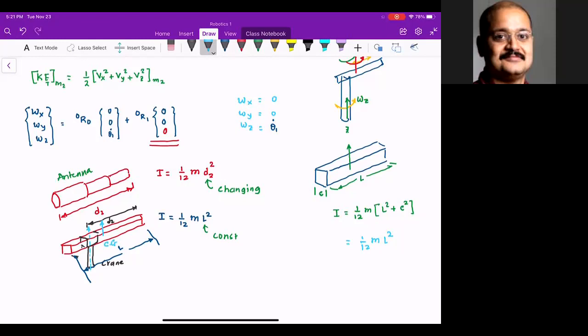Imagine the crane is at this distance. The centroid moment of inertia of the crane is the same, but mass multiplied by the radius of gyration is more. That adds effective moment of inertia about the center of rotation.